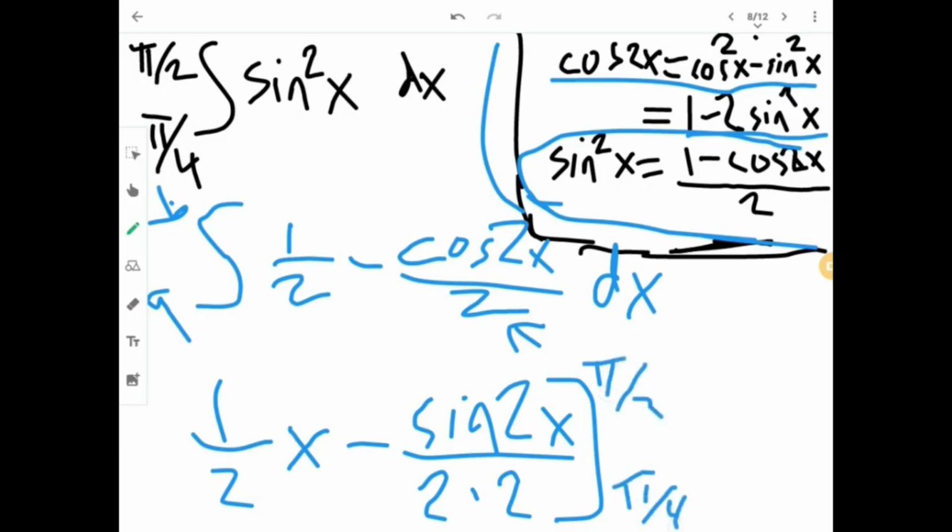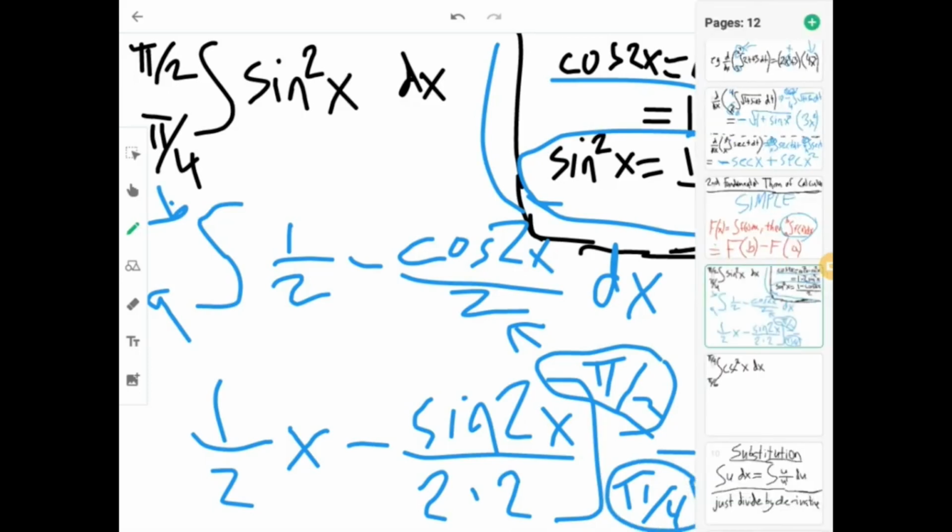You just plug it into the calculator and you get the answer. Plug in pi over 2, and then minus whatever you get when you plug in pi over 4, and you get the answer.